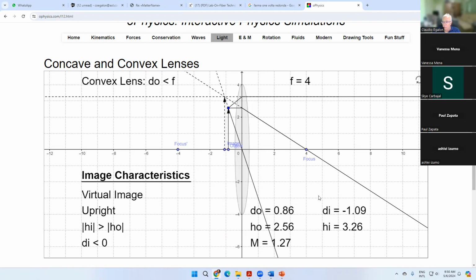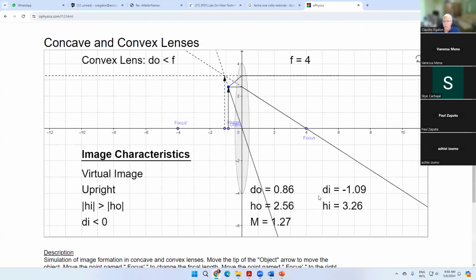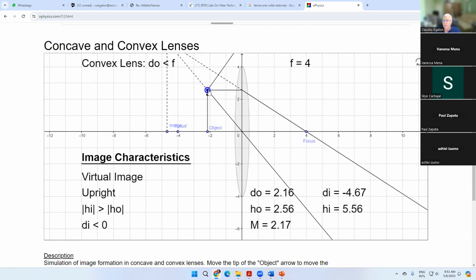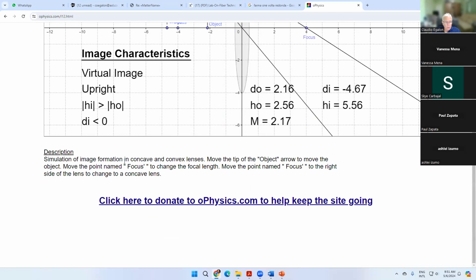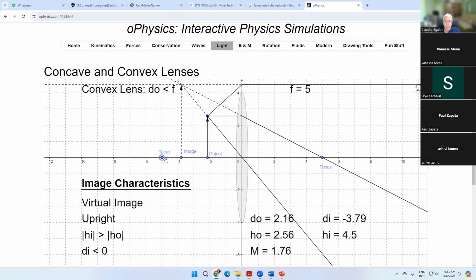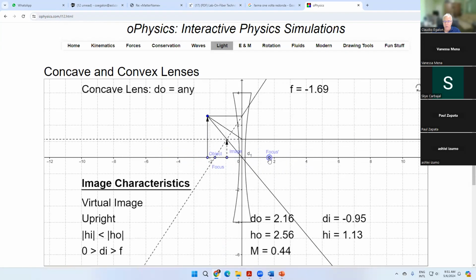Now let's see if I can come up with a negative lens here. Let's see, no. Yeah, this software simulation. In order to simulate a negative lens, what do you have to do? You have to switch. No, doesn't work. Oh, what a shame. Oh yeah, we have to switch the focal point.